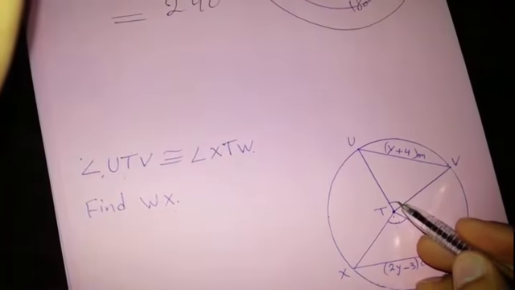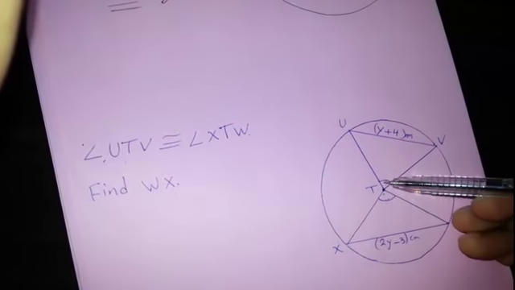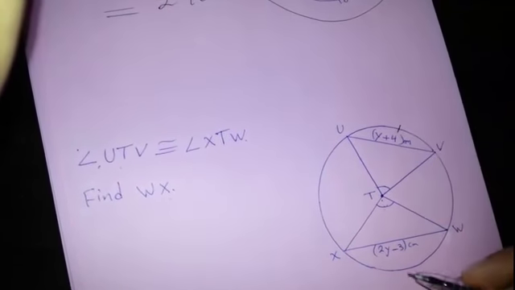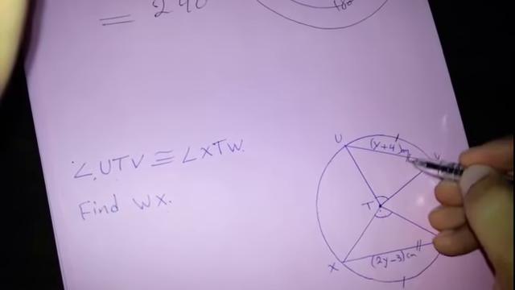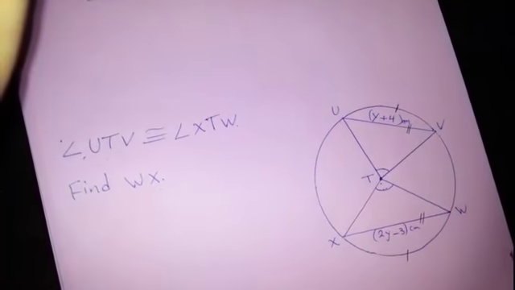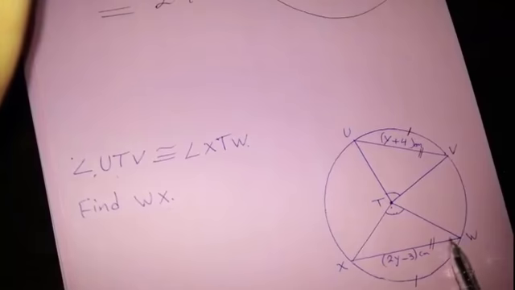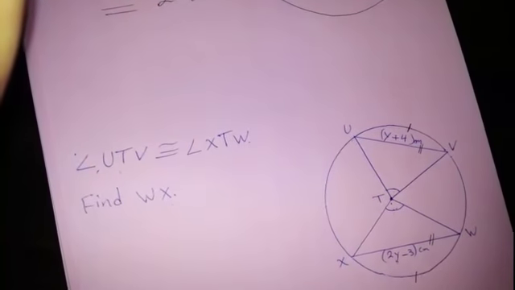The theorem says that if the central angles are congruent, the subtended arcs are congruent, and also the chords. UV and XW are chords, so these two chords are also congruent.